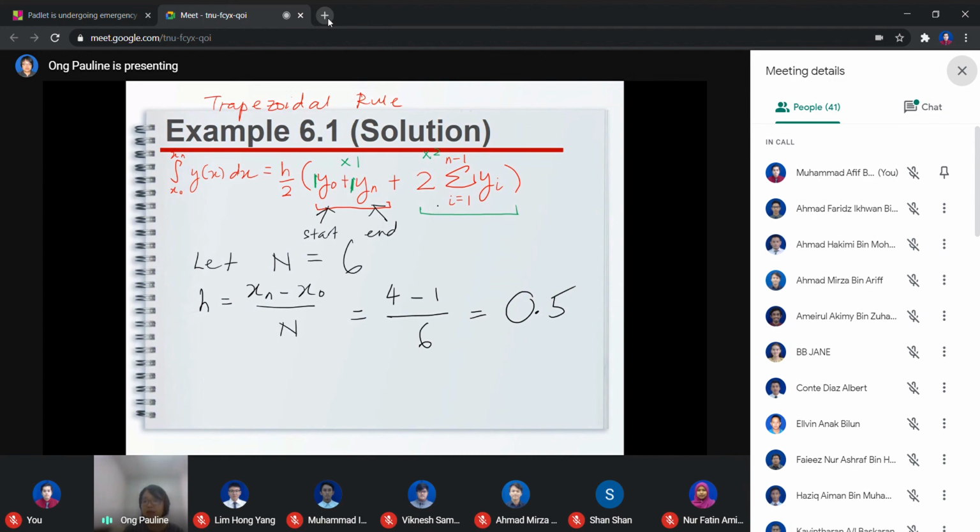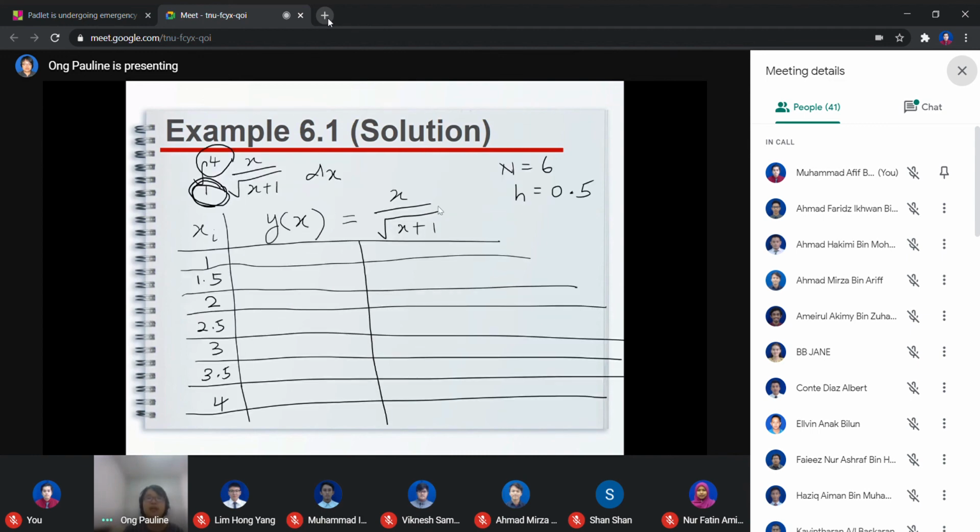Therefore, I will separate my table in this way. So this is the starting point, y naught, and this is the ending point, yn. I will put them in the same column.